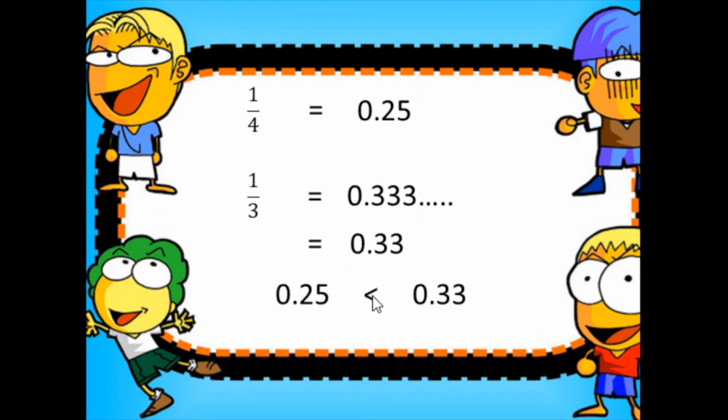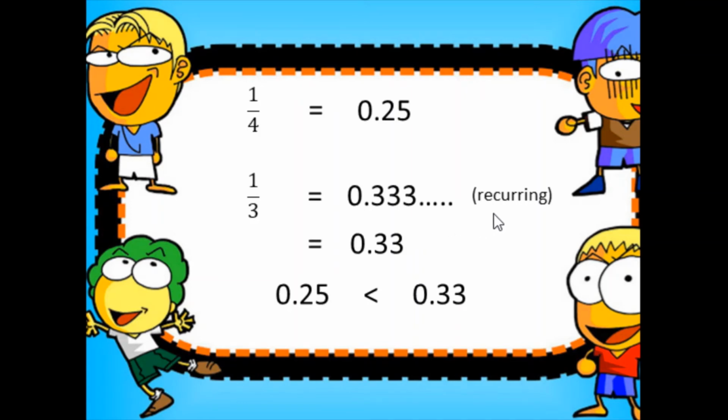Why do you think we have less than here? Okay, good job, because 2 is smaller than 3. If the decimal does not stop and keeps on repeating a particular number, it's what we call recurring.